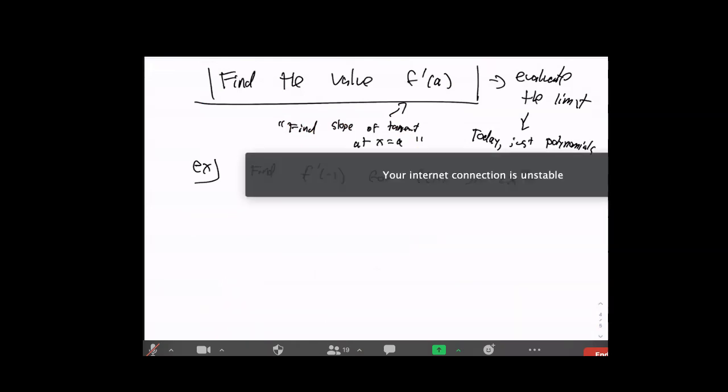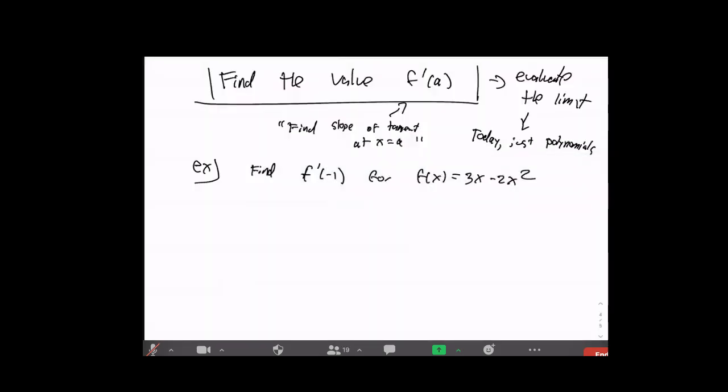We've already done the first step. We've already found that f prime of -1 equals the limit as h approaches 0 of 3 times (-1 plus h) minus 2(-1 plus h) squared, minus (3x minus 2x squared), all over h. We've already done that. That's from our prior work.